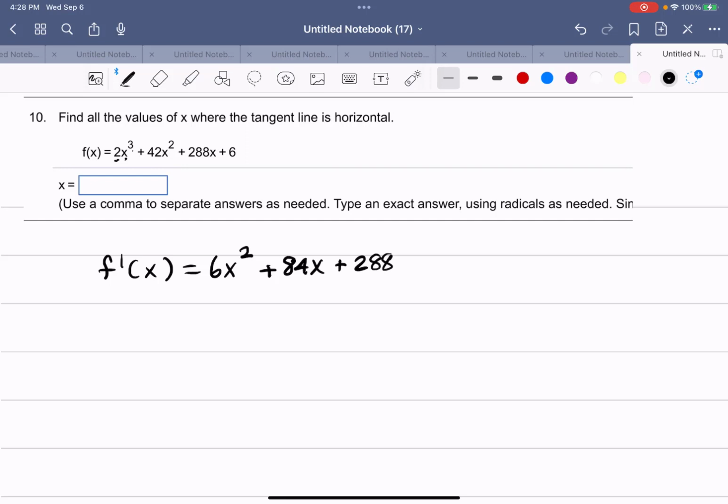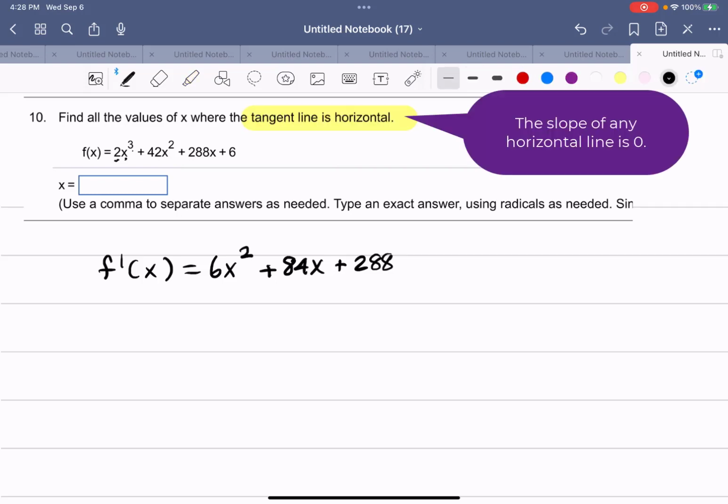Of course, the derivative of 6 is 0. So now, because they said horizontal, they want us to set it equal to 0. 6x squared plus 84x plus 288 equals 0.